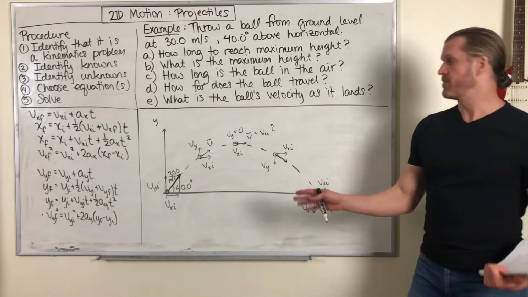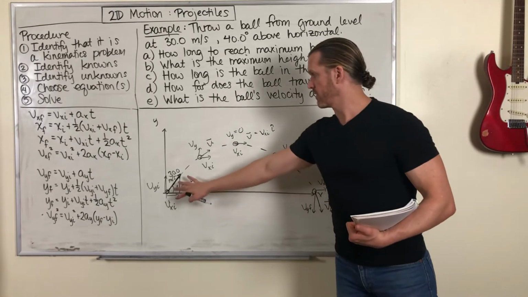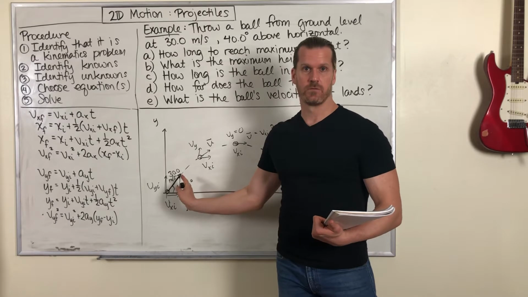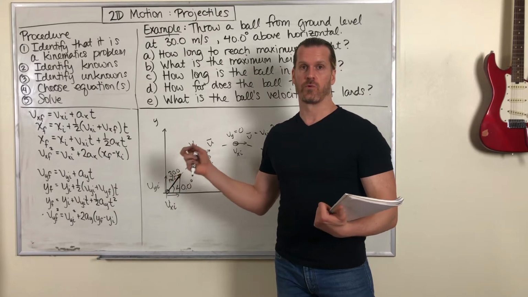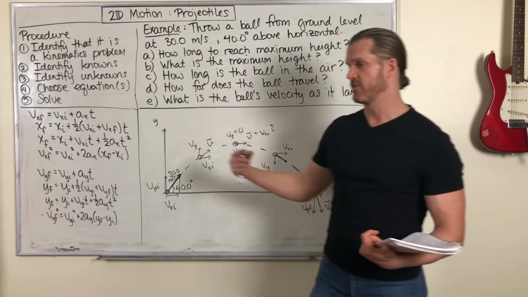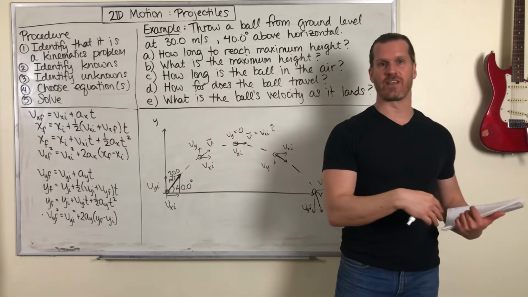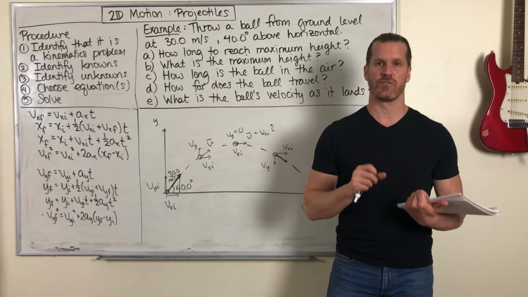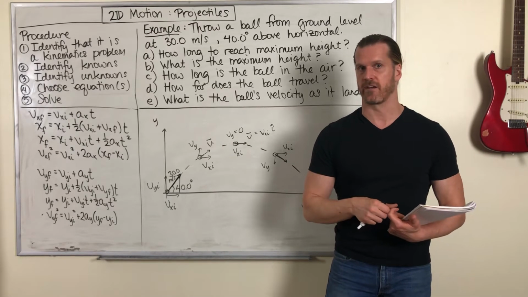Okay, so keep in mind as we're doing these, this picture, you're launching the ball at an angle, so we're going to find the initial components of that velocity. But then in the horizontal direction, that x component stays the same the whole time because in projectile motion, there's no acceleration along x.